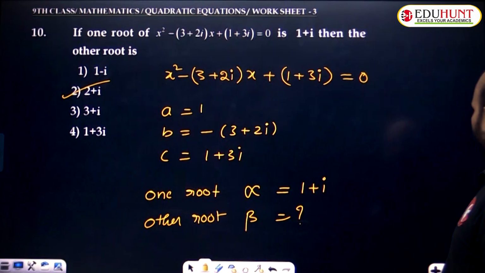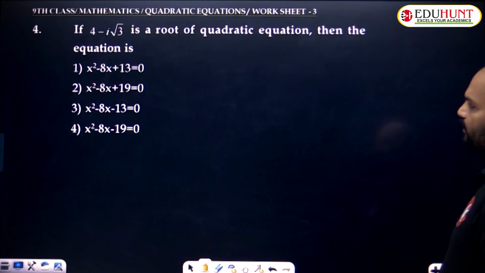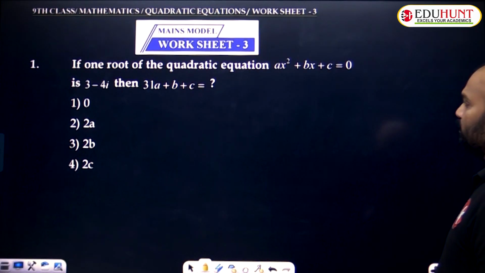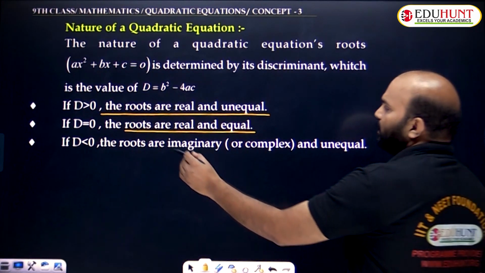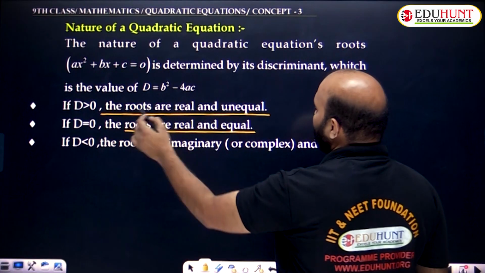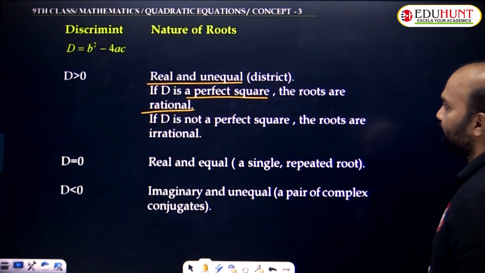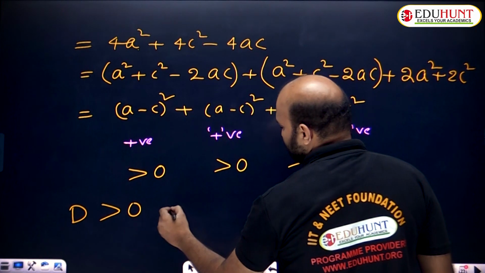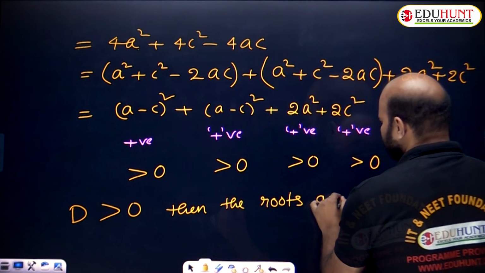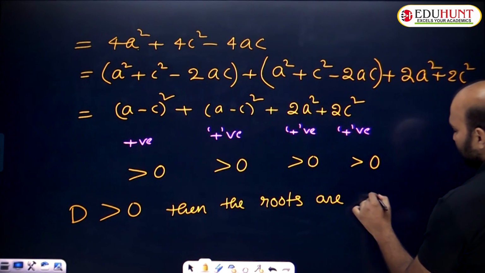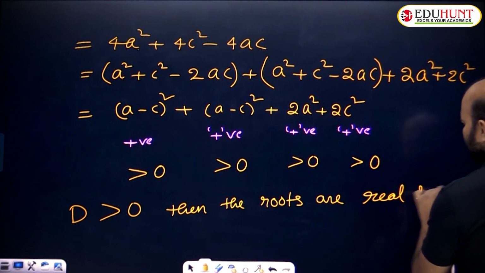One should always verify the nature of the quadratic equation. D is greater than 0, so the roots are real and unequal.